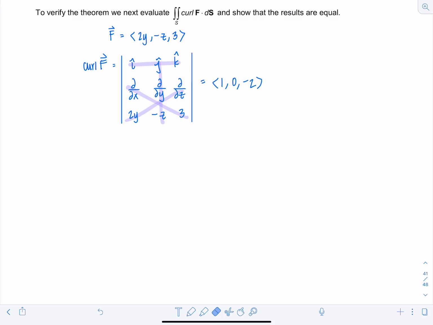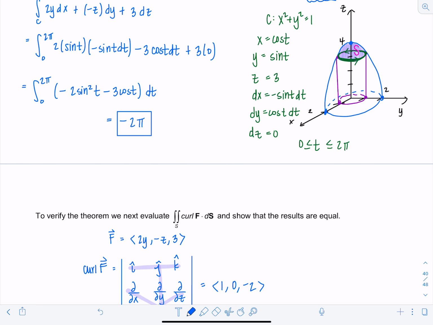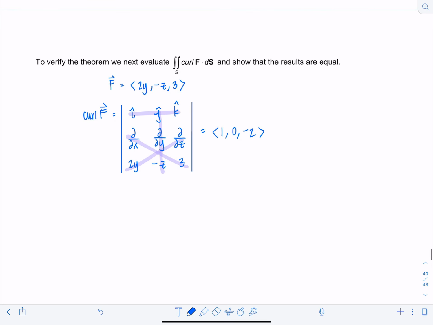Okay, now from here, let's remember what surface are we using? Keep it straight. The surface S is determined by the paraboloid, not the cylinder, okay? So S is determined by z equaling 4 minus x squared minus y squared.